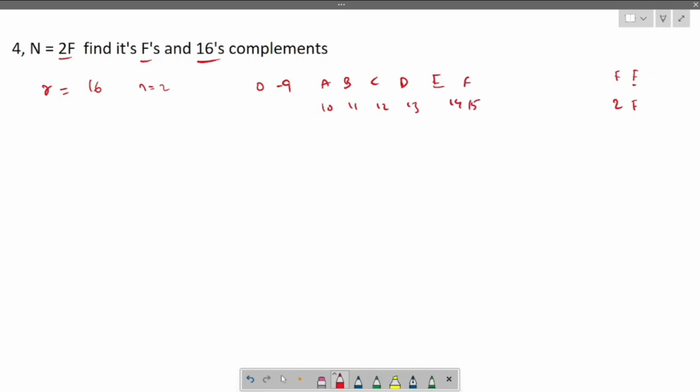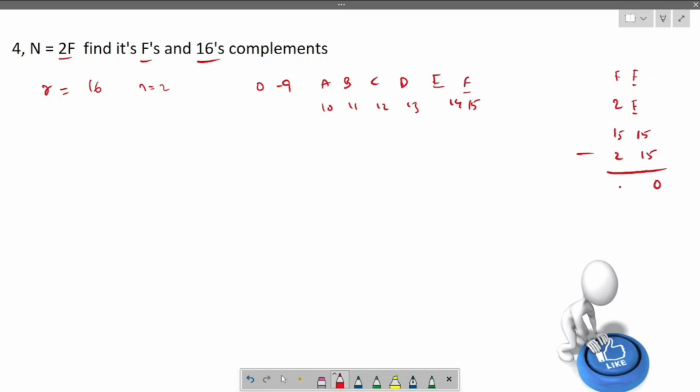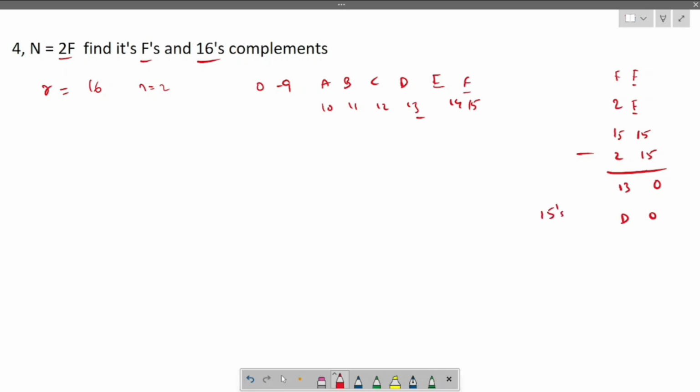The last letter is 15, so F means 15. When we subtract, 15 minus 15 is 0, and 15 minus 2 is 13, and 13 means D. So D0 is the 15's complement.